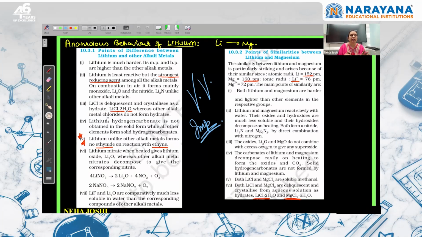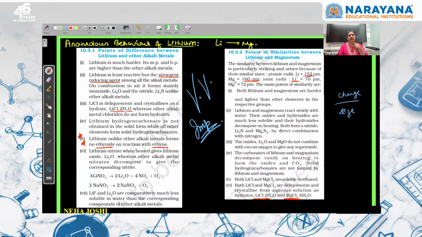Wherever you are asked about the diagonal relationships, the safest thing to say is their similar charge by size ratio. Charge by size. Why it behaves like magnesium? You say because of similar charge by size, or I can say charge density, they behave similar. Though I will never say same charge density, it is always similar.